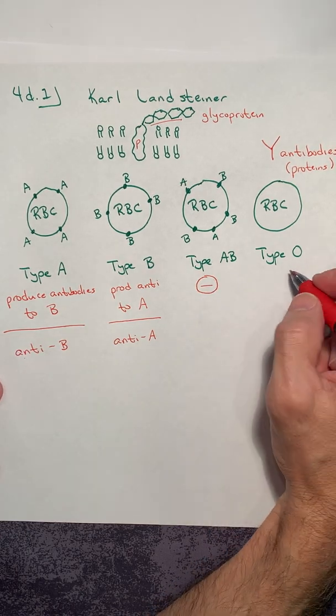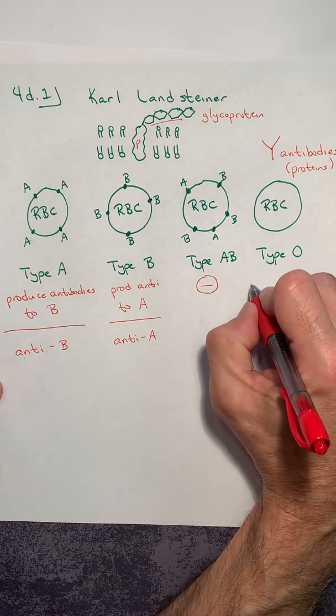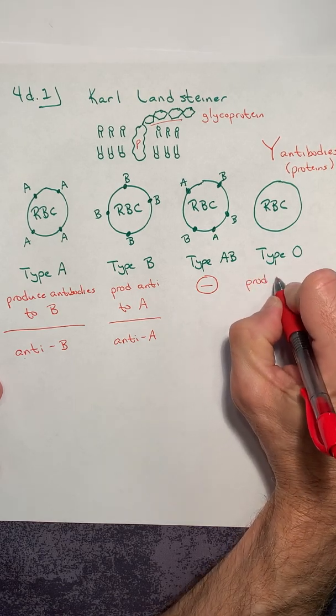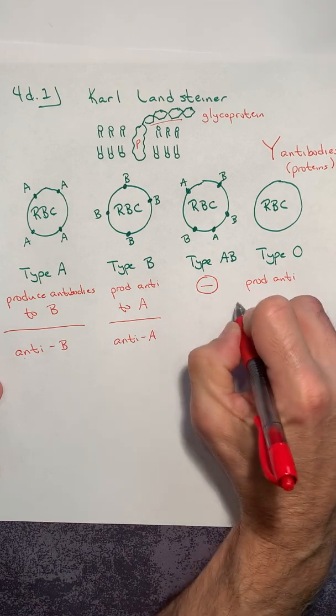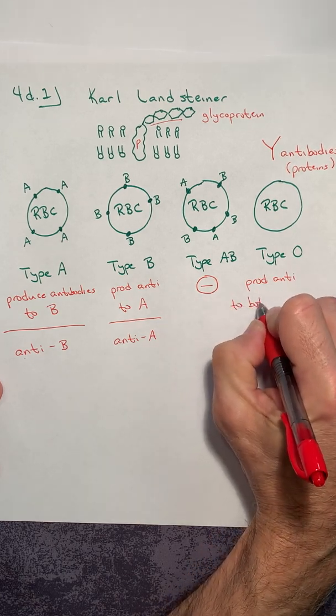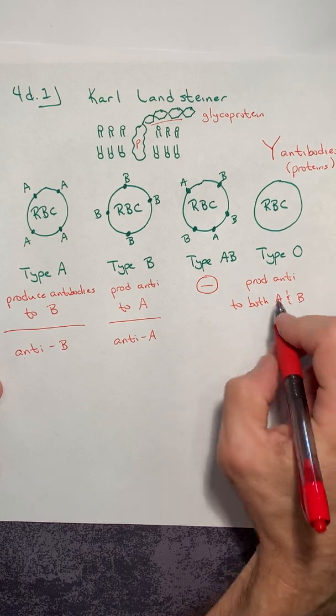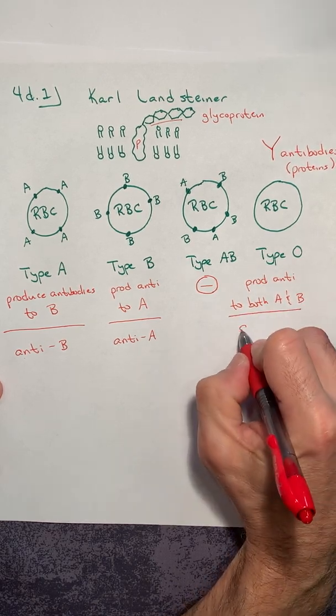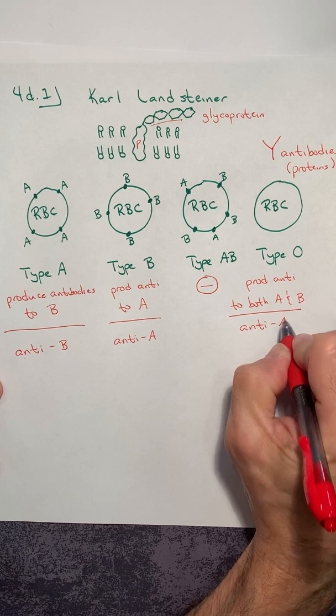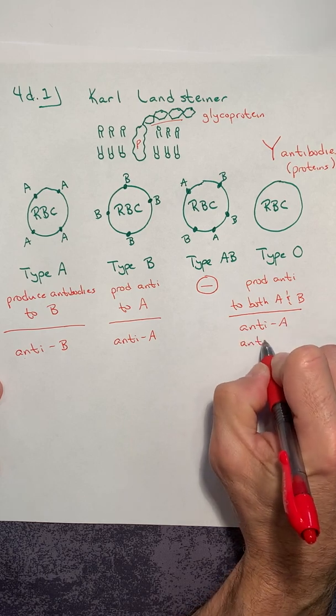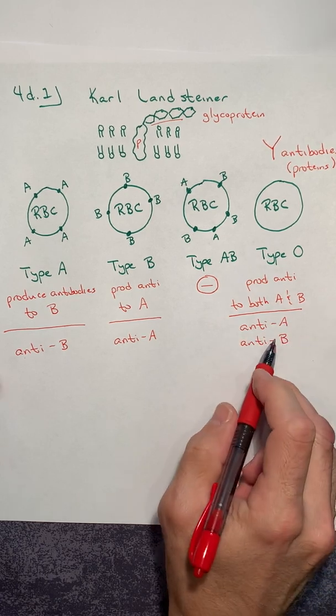Okay, type O. It's the most common blood type. These individuals produce antibodies to both A and B. So we say that they produce anti-A and anti-B.